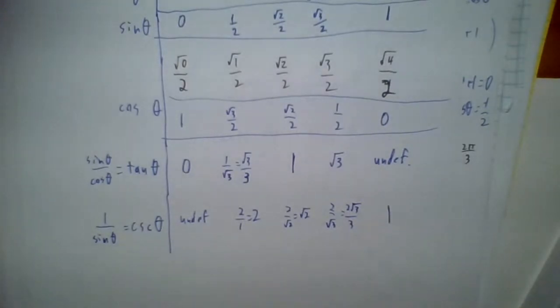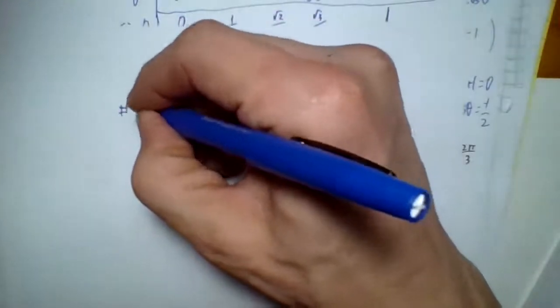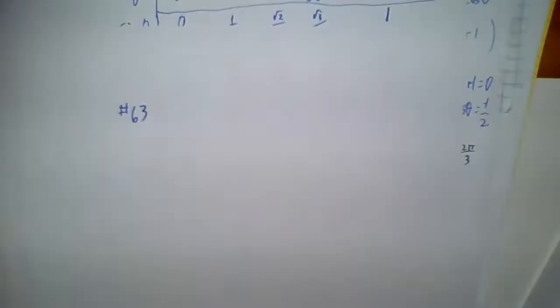So that's what's happening in, for instance, exercise number 63. We've got to get used to some of the terminology that shows up in here. Let me explain what's happening.